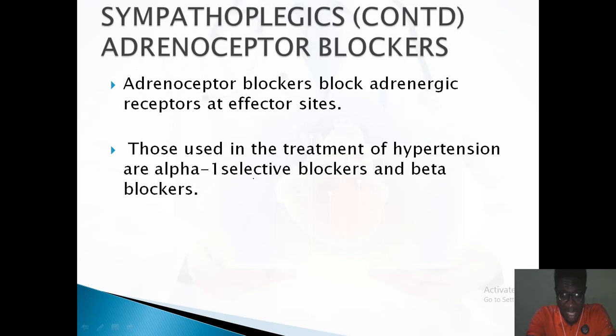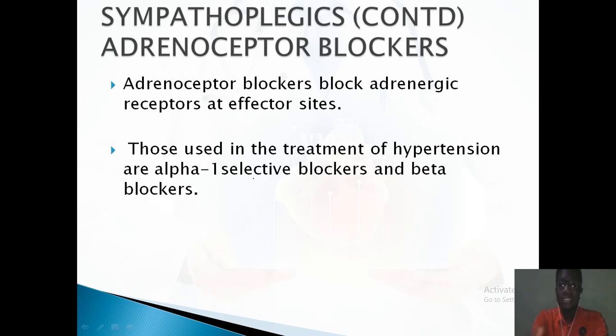So the next is adrenoceptor blockers. Still, this is also part of ANS pharmacology. This is another big topic on its own. But for now, we'll look briefly at it. What are adrenoceptor blockers? As the name implies, they block adrenergic receptors at effector sites.